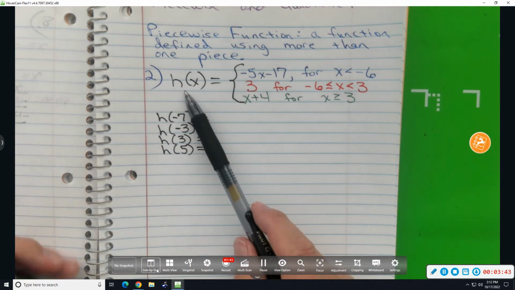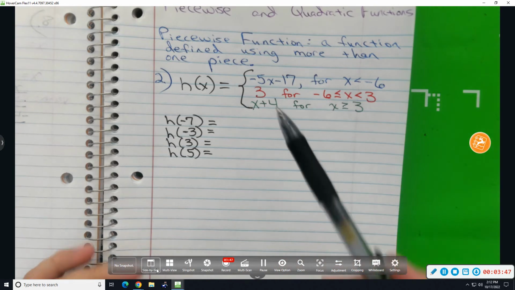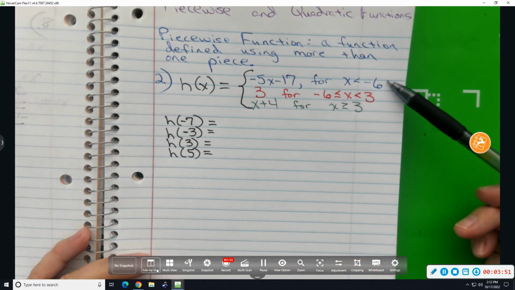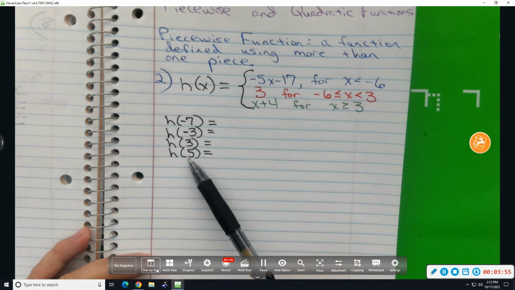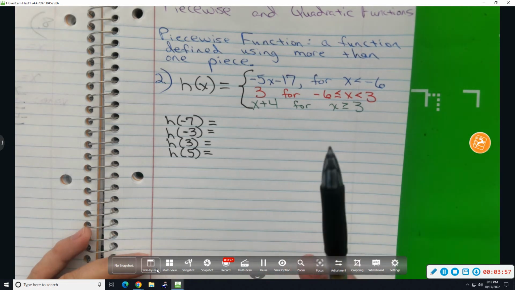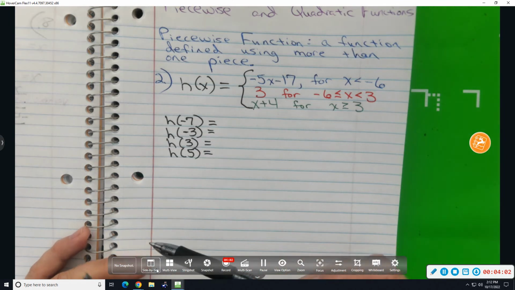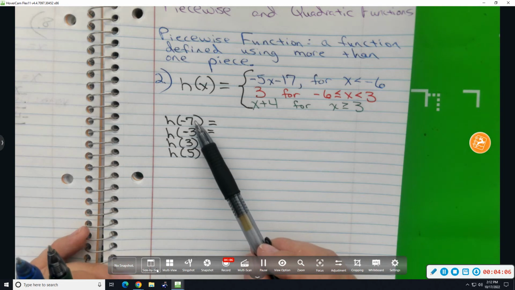This function is an example of a piecewise function. Notice it has 3 different pieces. The piece that you use depends on the x value you're using. Remember, for any x value, there can only be one y value. So for h of -7, we know how function notation works.